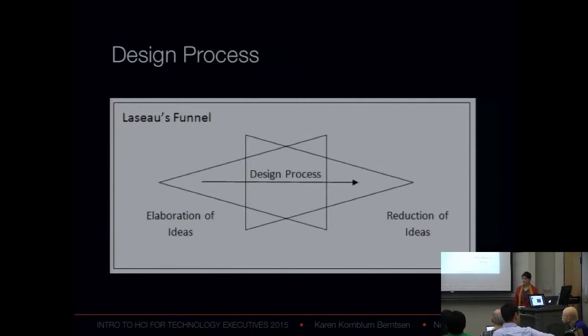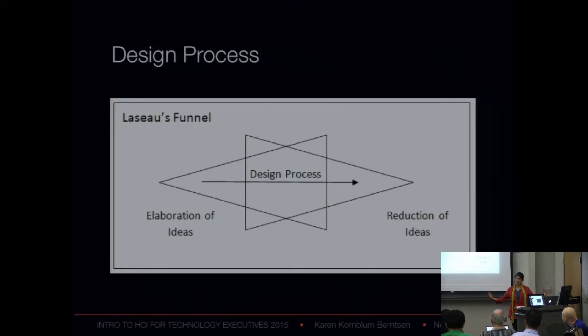This is one of my favorite diagrams of the design process. This is called the lasso funnel. And in this, you see these 2 triangles that join at their widest points. Anyone who's a designer knows that when you're in the process of elaborating on an idea, you're continually expanding your appetite and dilating your brain and your imagination to create and explore more and more and more options.